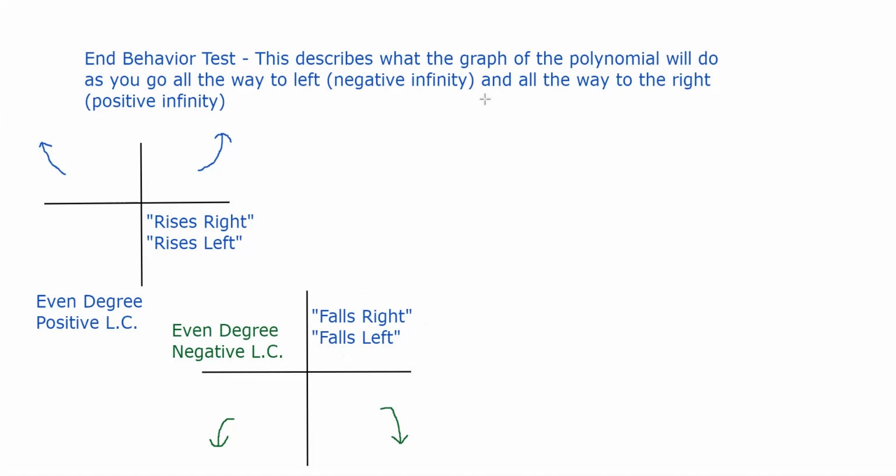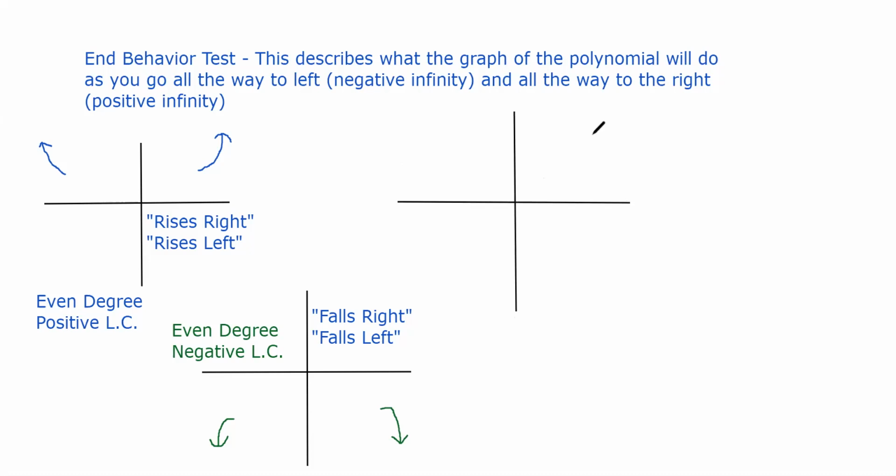Okay, so now the other possibilities are that they go in separate directions. That's going to occur when you have an odd degree polynomial. So you can have this occur.